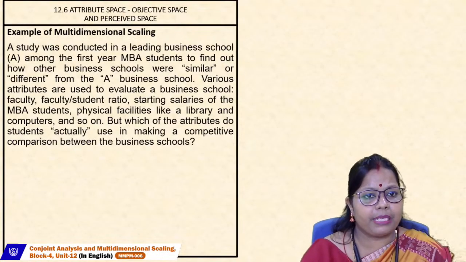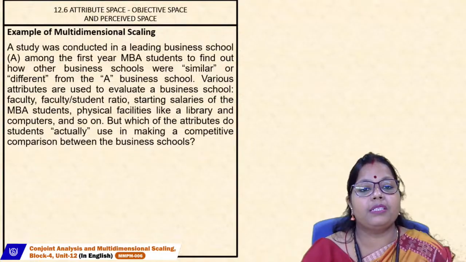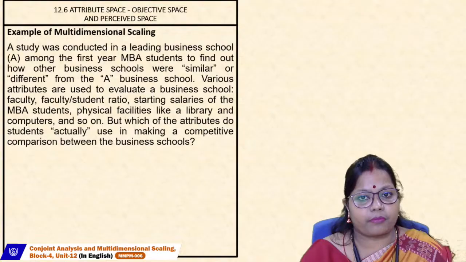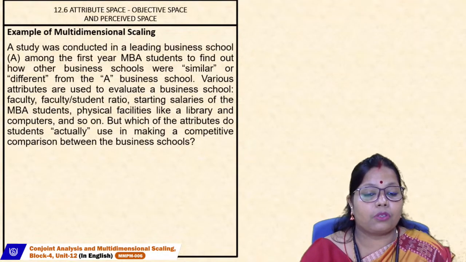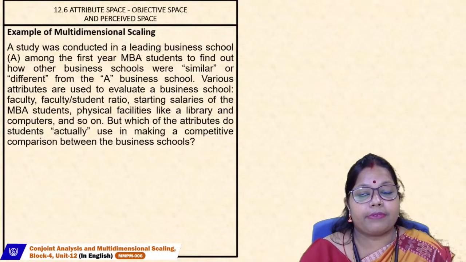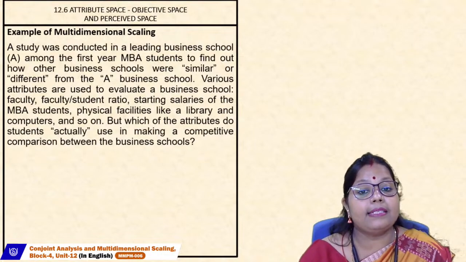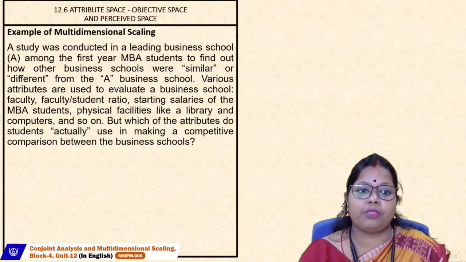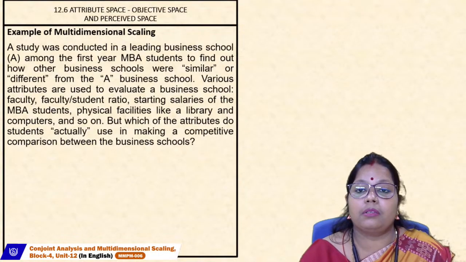Here we are going to use the multidimensional scaling technique to understand how we compare business school A with other business schools. So here we have considered different attributes: faculty, faculty-student ratio, starting salary of the students placed after completion of the MBA course, and physical facilities like library or other facilities.